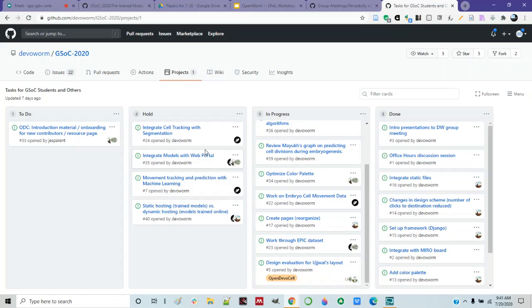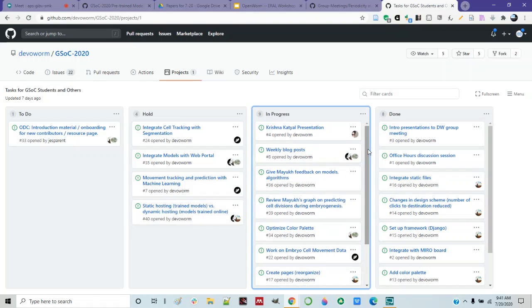And then integrate cell tracking with segmentation, that's a bit down the road. So I think that's good. Like I said, Krishna is still open for a presentation. I've talked to him. He's still working on it, I guess. So that's good. That's the GSoC board.